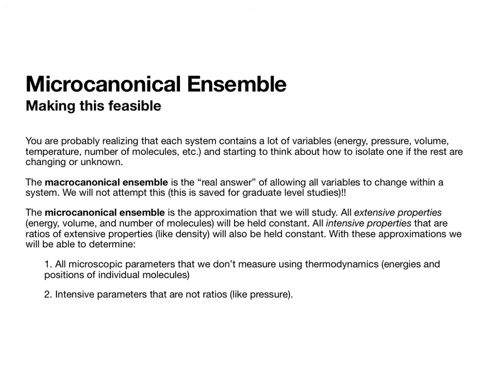There are a lot of variables happening within our flask of water or benzene or whatever molecule that we happen to be looking at. There's energy, pressure, volume, temperature, number of molecules, and many other things. And starting to think about how to isolate one of these variables as the rest can be changing or unknown starts becoming a challenge.